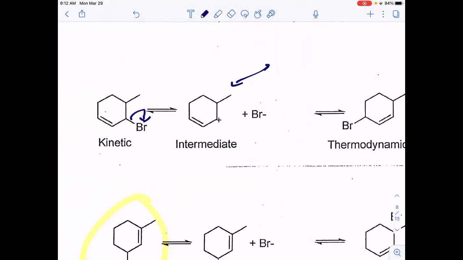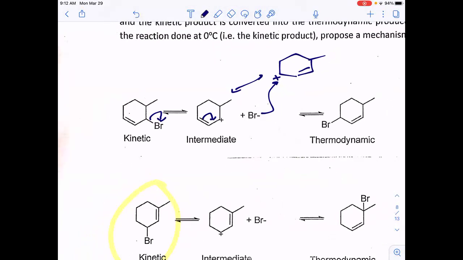Yes. Like so, right? Right. That arrow is kind of sloppy looking. So then you want to make this carbocation, and that's what bromine is going to attack. Is that what you're saying? Yes. All right. That's good.